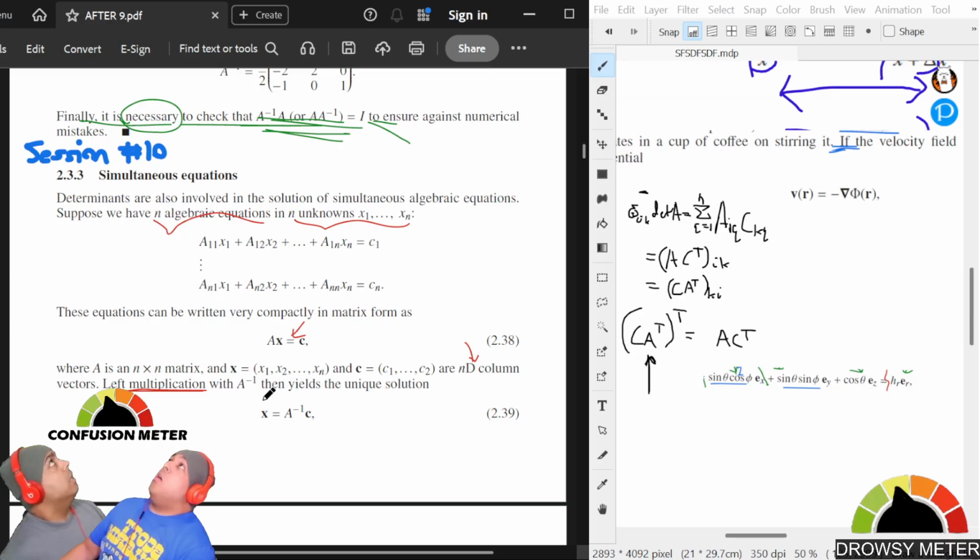Left multiplication with the inverse A minus 1 then gives the unique solution.